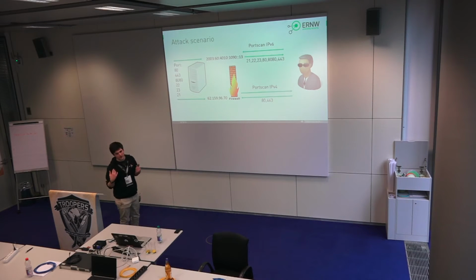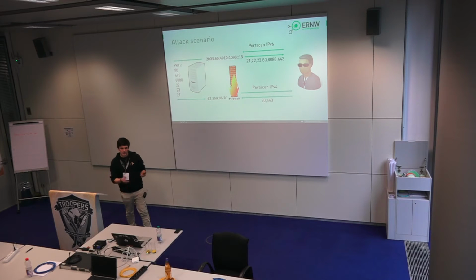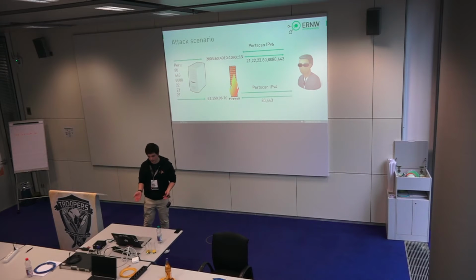Imagine you are a malicious hacker and you find a server like this. So what a hacker normally does is perform a port scan to see what's on the server. So what can I attack? If he does a port scan on IPv4, he will obviously only get back ports 80 and 443.